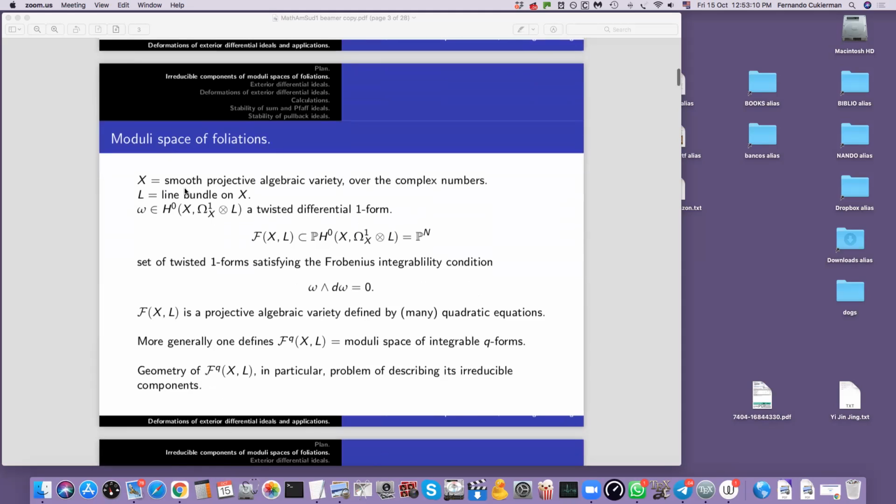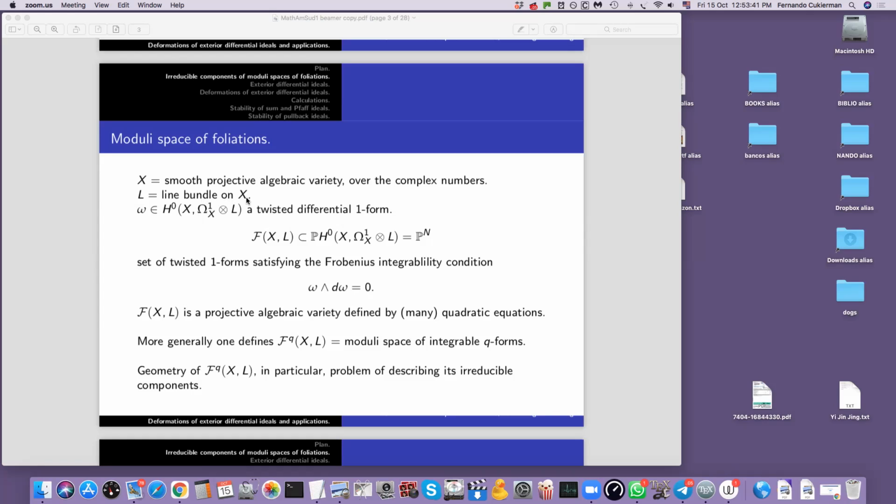Our setup is we will work on a smooth projective algebraic variety over the complex numbers. It is of interest to do some of these things over other fields, but I will stick to the complex numbers. The variety X in principle is like this, but mainly I'm interested in the case in which X is the projective space.